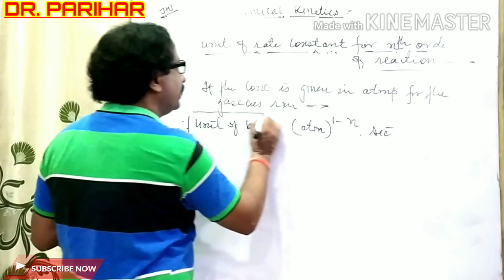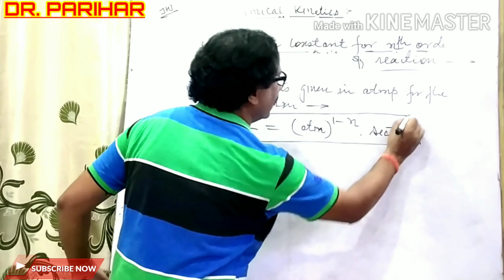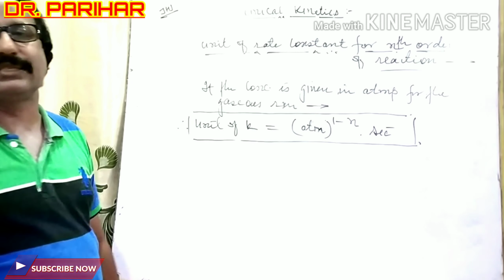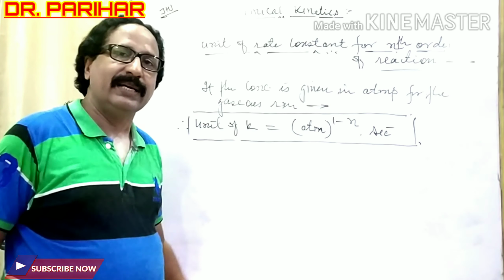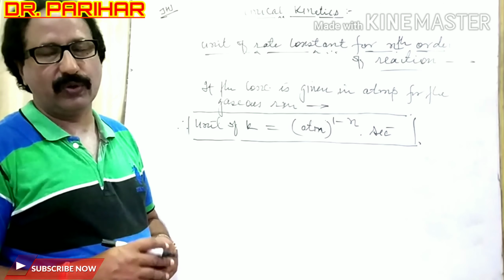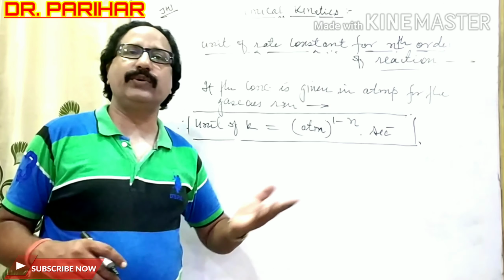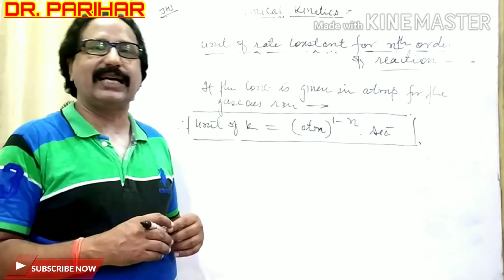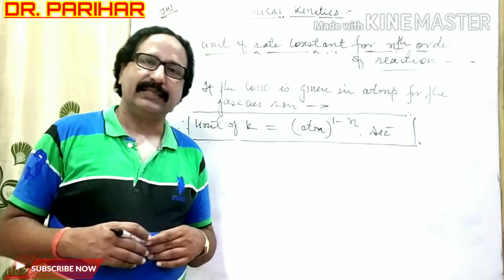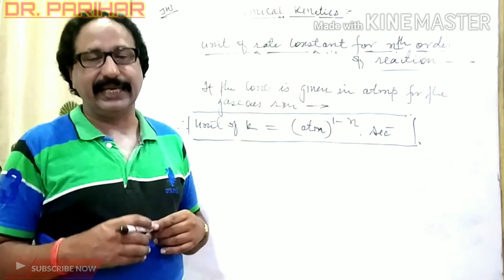This formula is used to decide the rate constant of nth order reaction when the concentration is given in pressure, especially by taking unit atmosphere. Okay? This is the process to decide the unit of rate constant of different chemical reactions, means nth order reactions. Right? Thank you.